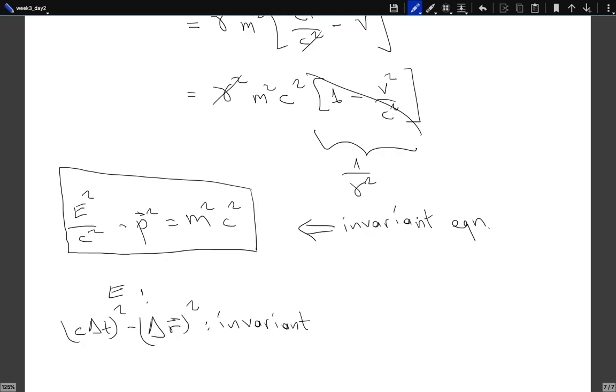Different observers will measure different time between two events. They will measure the events to happen at different distances from each other, but this combination will always be the same for every observer. Just like that, energy and momentum of a particle can be different from observer to observer, but nevertheless, for every observer, this combination will always be the same.